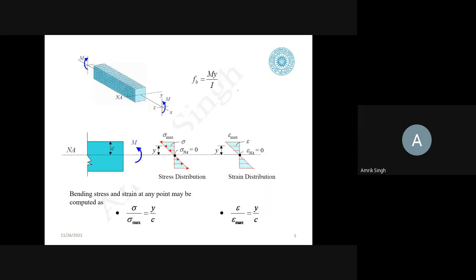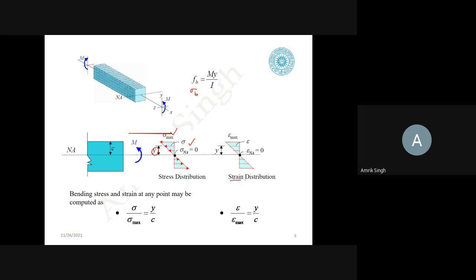So these are the things which we have learned until now in the case of pure bending. So you see here, sigma B or FB is the bending stress. From the bending formula, it is M y upon I. So the neutral axis is like this, and the bending moment is like this. On the upper fiber there will be compression, and on the lower fiber there will be tension. So at the neutral axis, this stress is zero, and this is the distance where we want to calculate the stress.